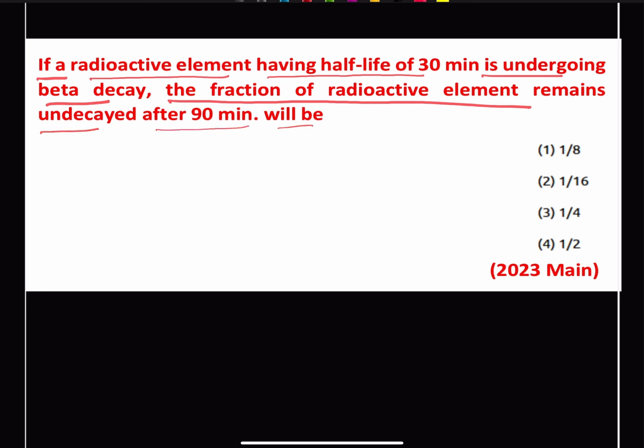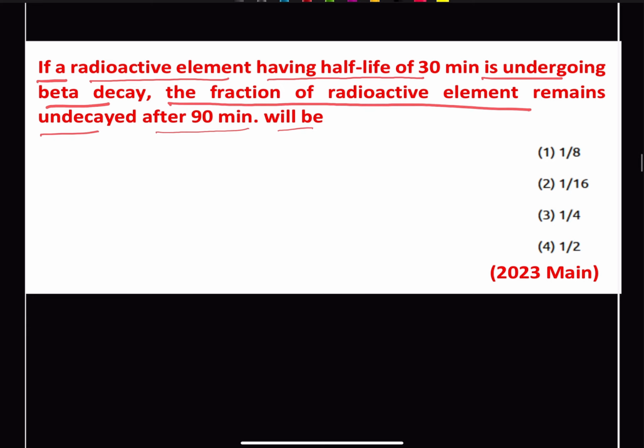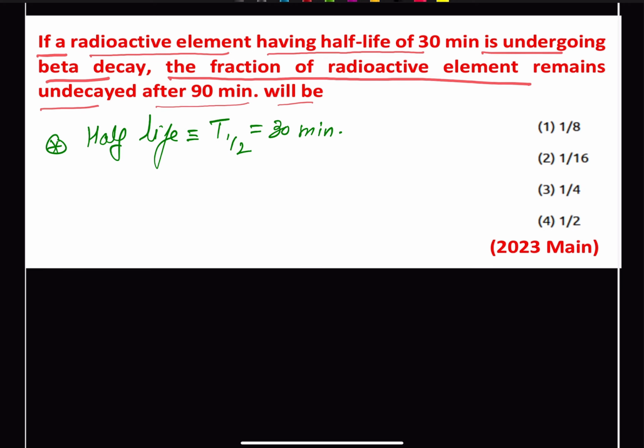So in this case we are given the half-life. So we can say half-life is given to us, that is our T half is equal to 30 minutes, and time elapsed, that is our small t, is 90 minutes.